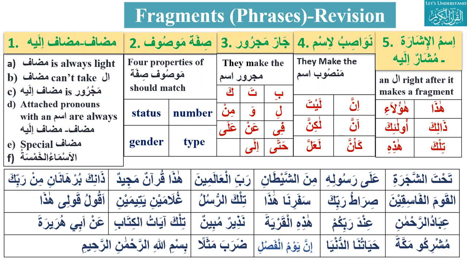That is verses of the book. That is wrong. How can you say 'that' is 'verses'? Ayat is plural, so how can you say 'that'? Tilka or zalika: zalika means that, tilka is for feminine.